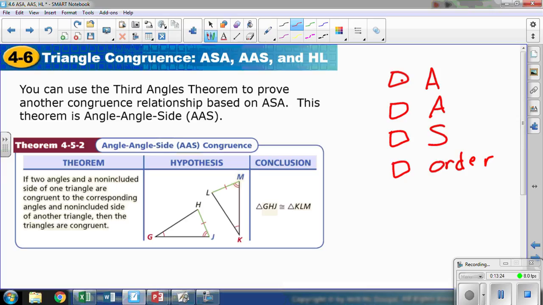In terms of its picture, these are the ones that look like having an angle and an angle, but the big difference is the side that we're using is not included. The side pair is not in between the two angles, it's outside the two angles.